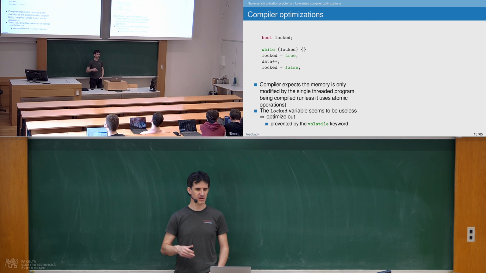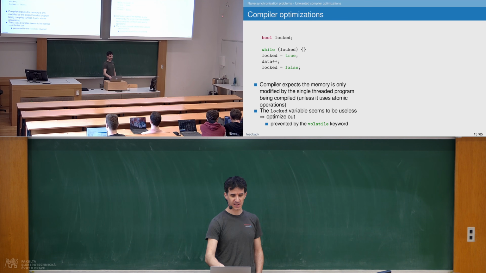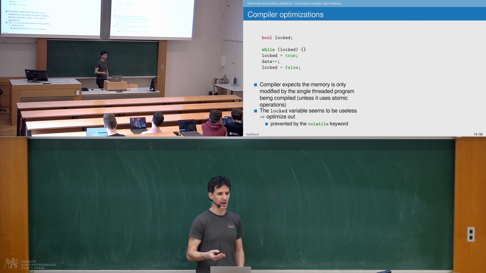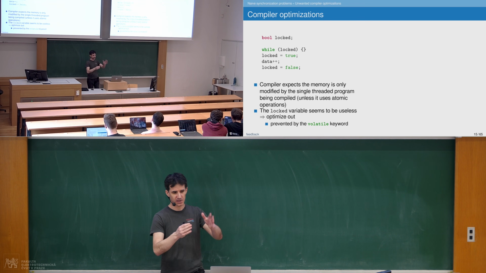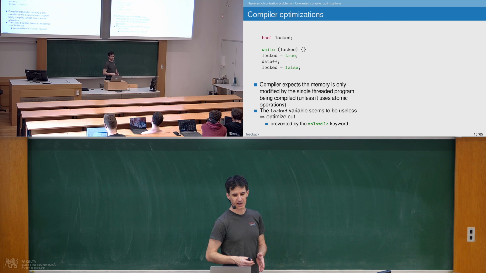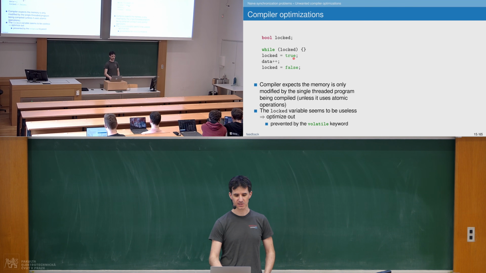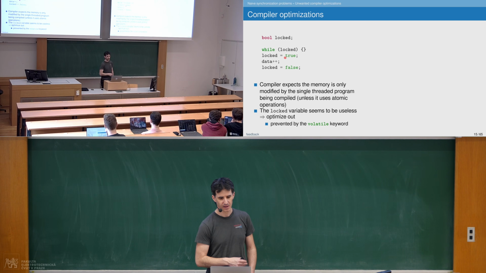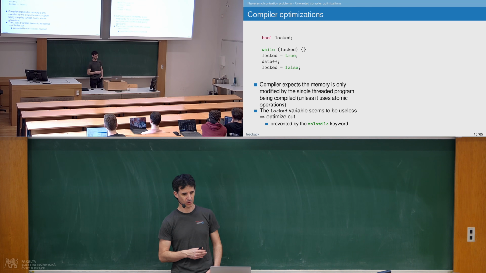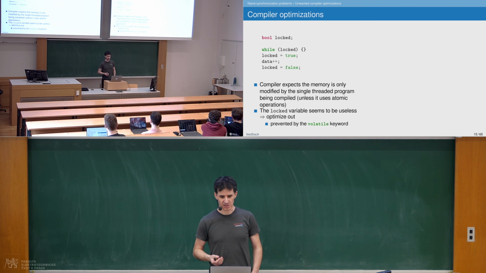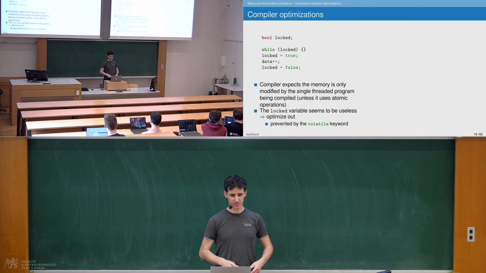The compiler doesn't know that this data might be important for other threads because, unless there are atomic instructions, the compiler assumes just a single thread of execution. So this seems like a completely useless instruction, and the compiler can remove it from the code. Similarly, you know that the compiler tries to reorder instructions.